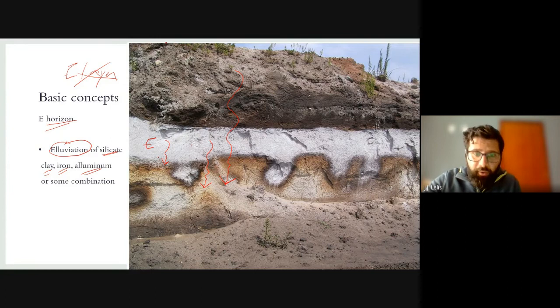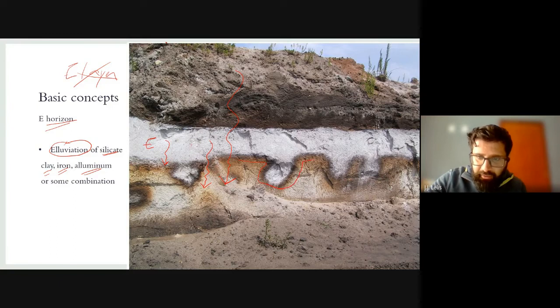And what colors the soil? Clay. And if I lose silicate clay, iron, aluminum, organic matter, I have a white horizon. In this picture, it's very interesting to understand, to highlight that we have a dark color here.